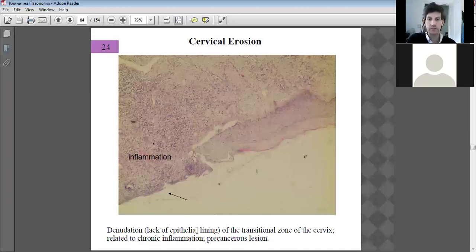Denudation is lack of epithelial lining. So the lining is sloughing away. And you can see examples of debris in the lumen.